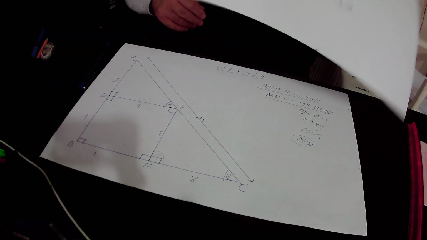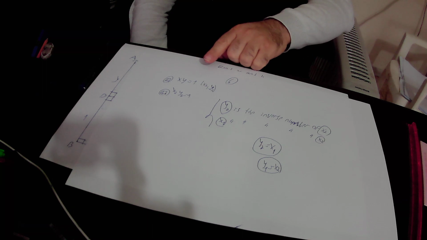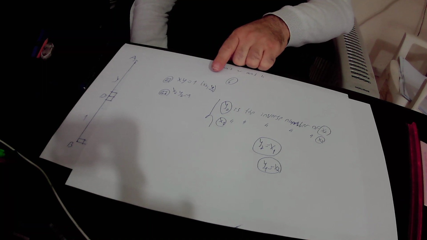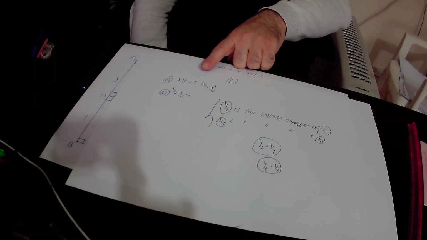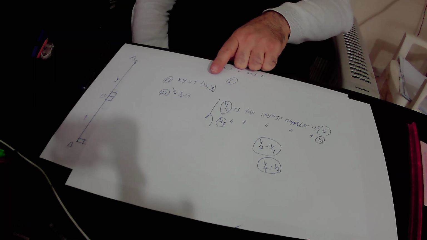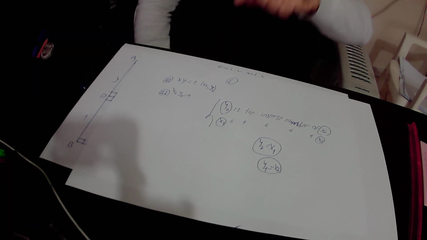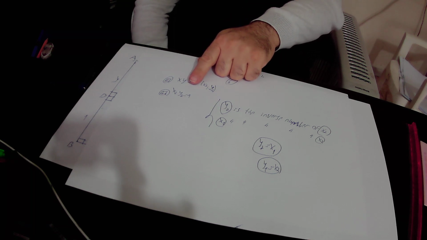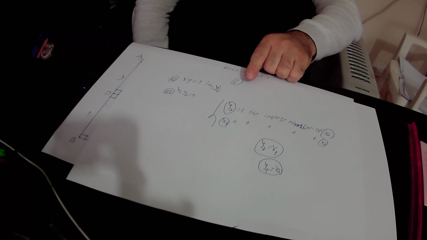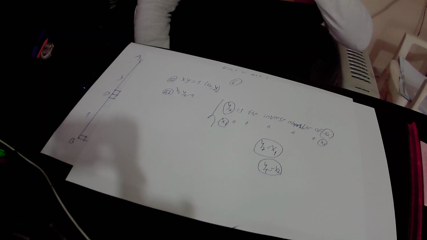And then we put the second solution, x2, y2, inside equation number 3, that is to say x equals x2 and y equals y2, and we got that x2 times y2 equals 1. What does this equation mean? It means that y2 is the inverse number of x2. But we have already found out that x1 is the inverse number of x2.